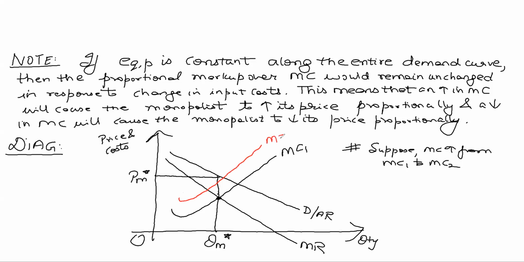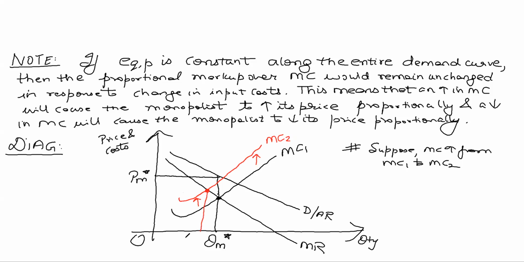Where will the monopolist produce now? Where MR is equal to MC2.